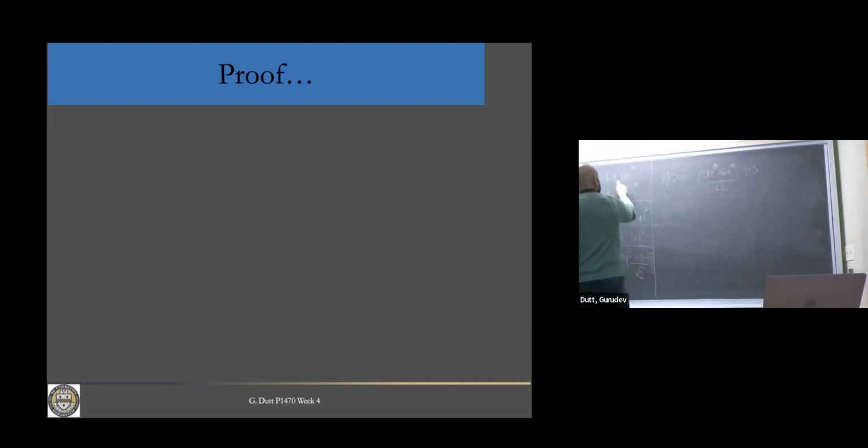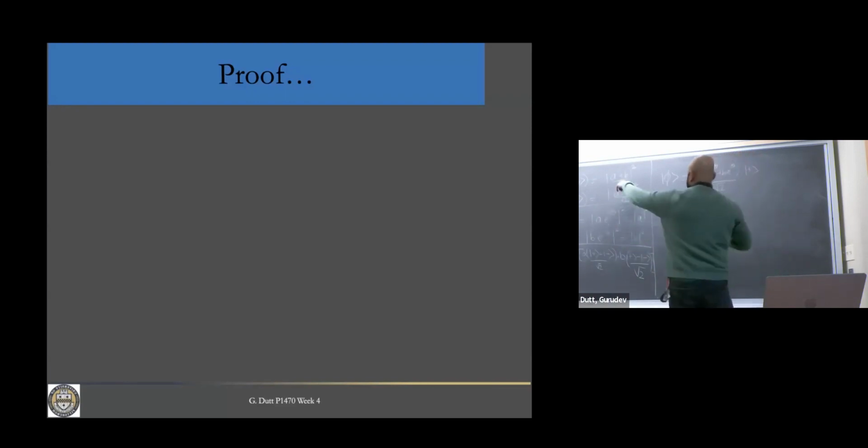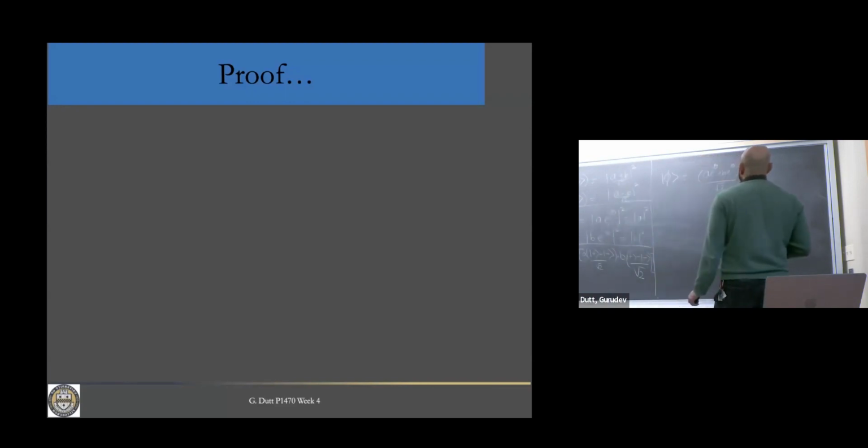I forgot about the root 2's when I was calculating probabilities. And then this one is A e to the I theta minus B e to the I theta divided by root 2 times minus.